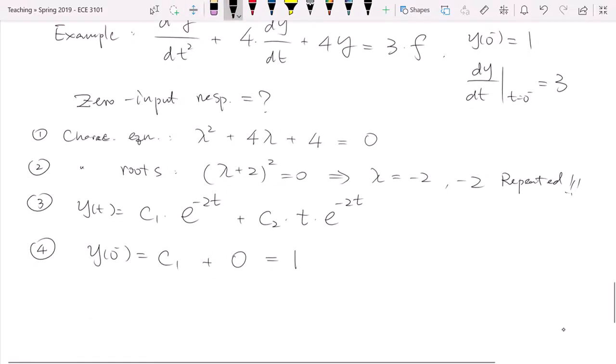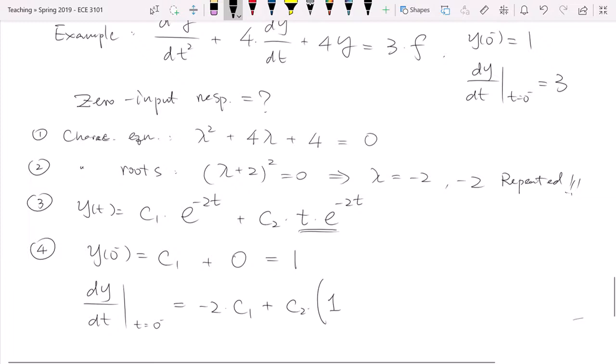The derivative terms can be slightly complicated, but it's not that complicated because of this t involved. So when you do that, you will find out the following. The first term is still going to be negative 2 times c1. And for the second term, we can do it a little bit slowly. c2 is a constant, you can pull it out, and then do the derivative inside, as you have done in your single variable calculus class.